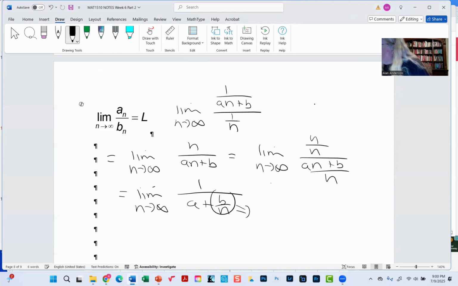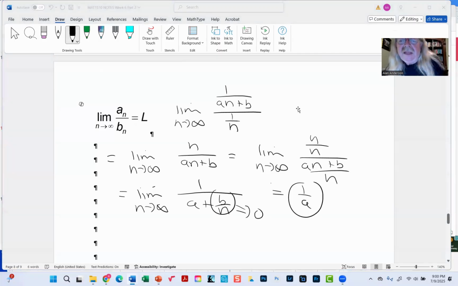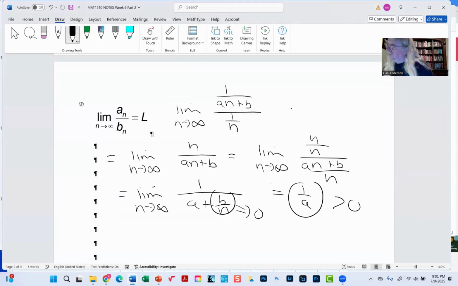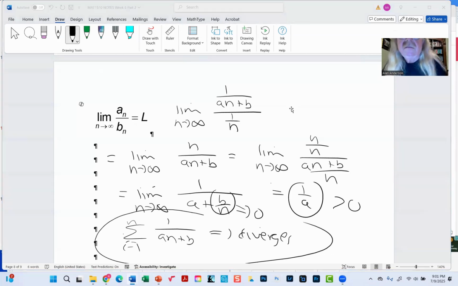This goes to 0. So we're left with 1 over a. And since this is guaranteed to be positive, that means that this case diverges.